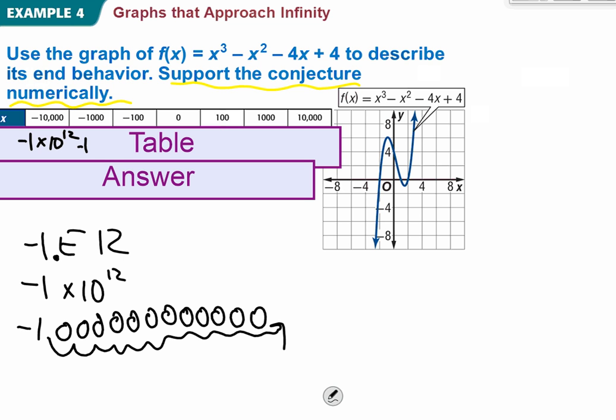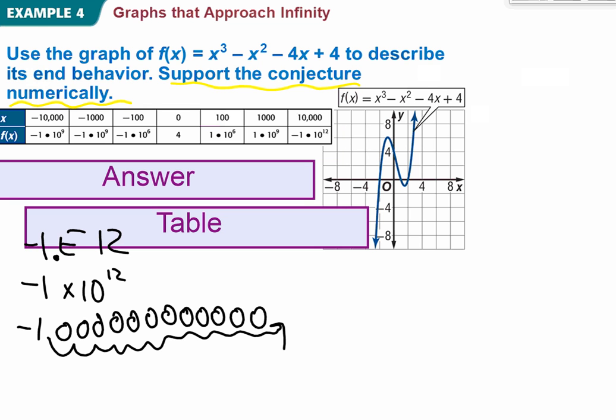So negative 1 times 10 to the ninth, and for negative 100, negative 1 times 10 to the sixth. I figured my table was incorrect on here. That's why I'm not showing it right away. But I think I can fix that now. So that should just be a 12, and then the 9 and the 6 are good.